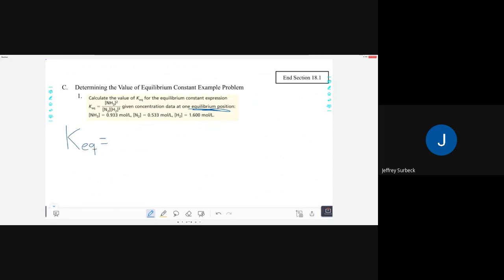On top, we have NH3. The value is 0.933 moles per liter, aka molarity. So in brackets, 0.933 raised to what power? The first or second? The second. Remember, it matches what's up here in that expression.